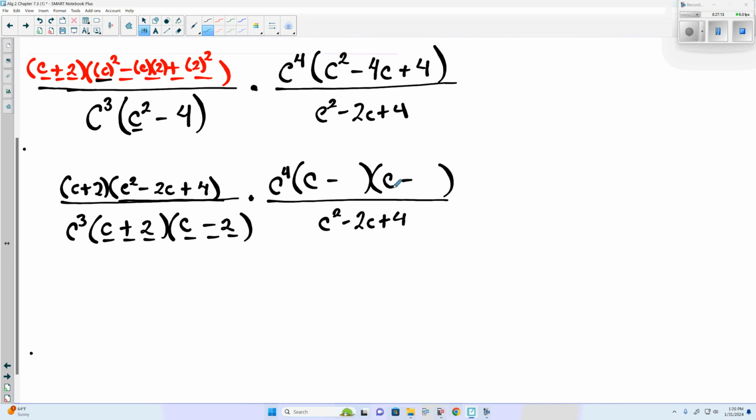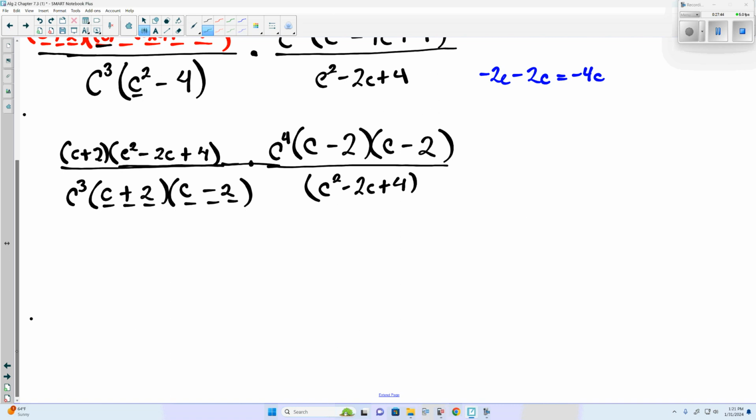Which ones do we want to try first? 2 and 2, because if this does work, then we do have something that is in common on top and bottom. And if we check this here, c times negative 2 is negative 2c, negative 2 times c is negative 2c, which does indeed give us our negative 4c middle term. And again, at this point, we can add the parentheses around that and connect these two together.